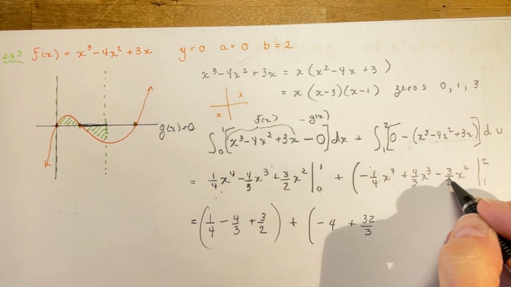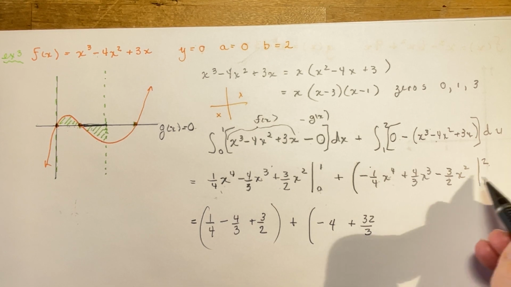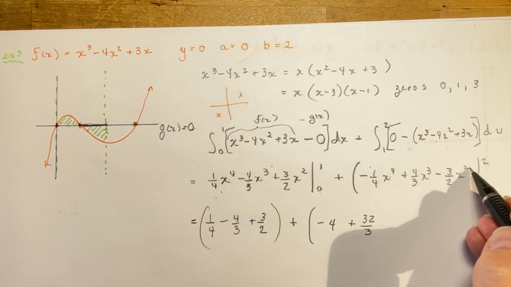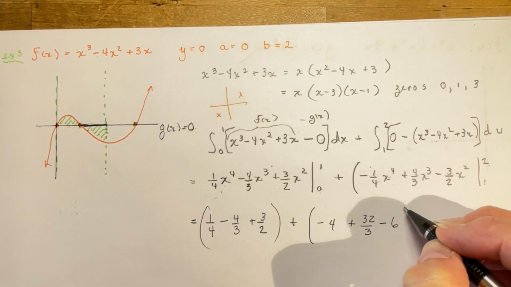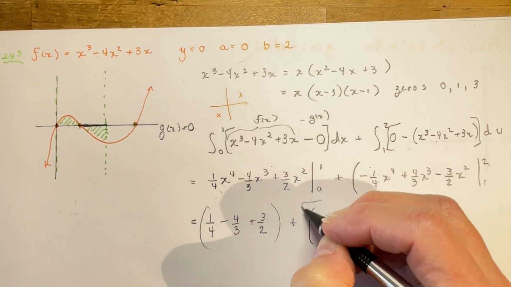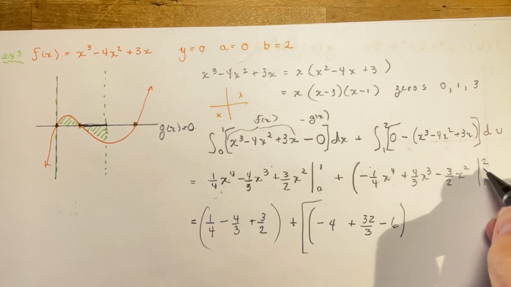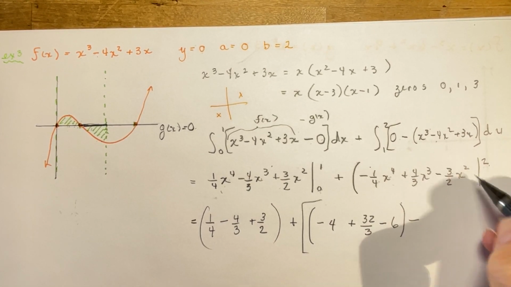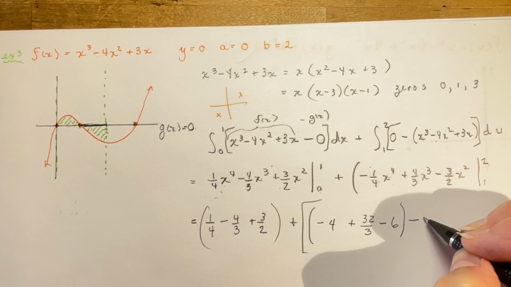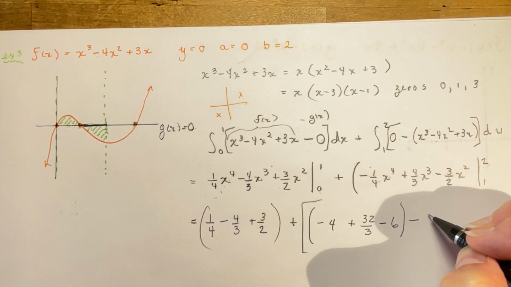And 9 times 3 is 27 over 2. 2 squared is 4. Minus 6. And then I better put a big bracket here, because it's this one minus f(1). Be really careful, right? I almost made a mistake here. So this is going to be minus 1/4.